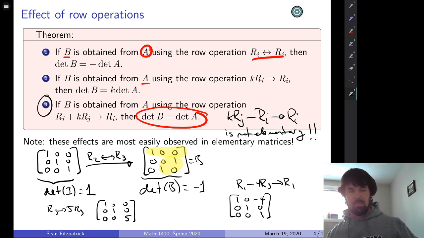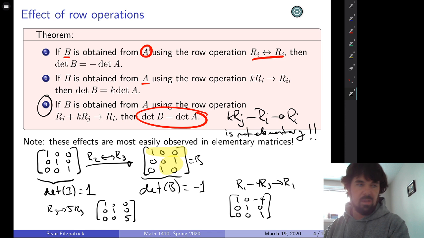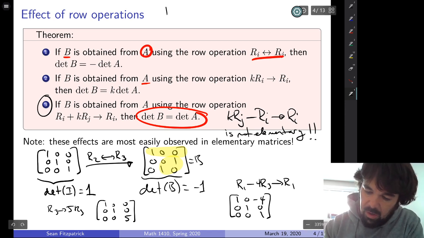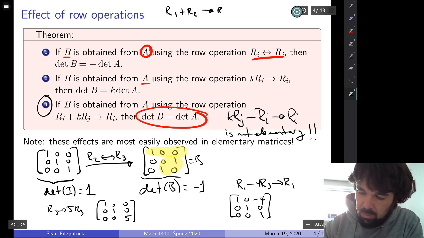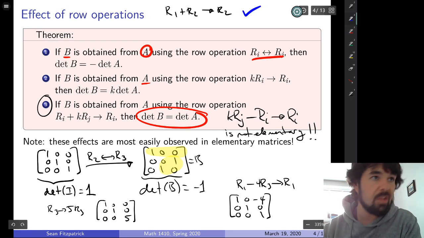I think I mentioned this last week. You do have to be really careful about this. Row 1 plus row 2 is okay. The one that Chris gave in the chat is row 1 plus row 2 into row 2, and that's fine.